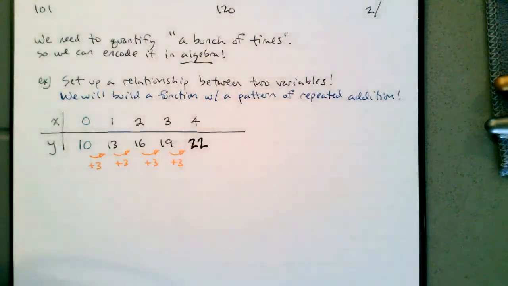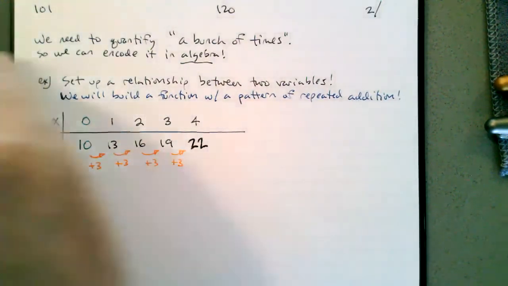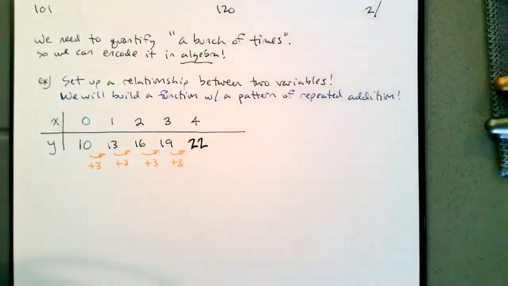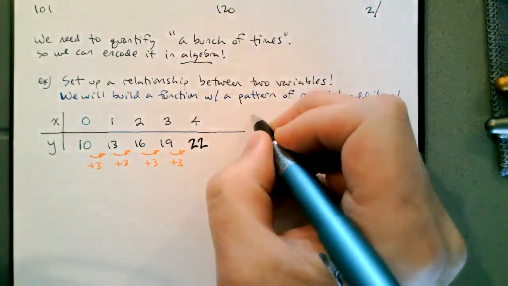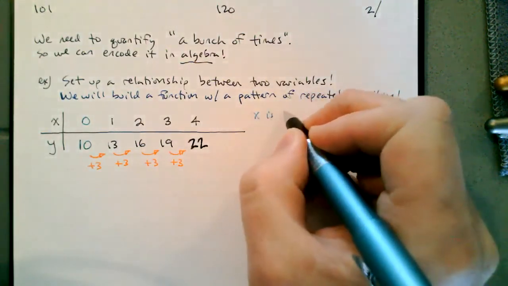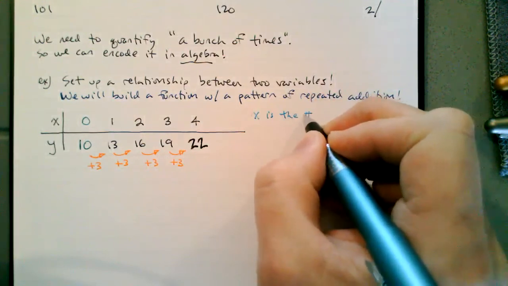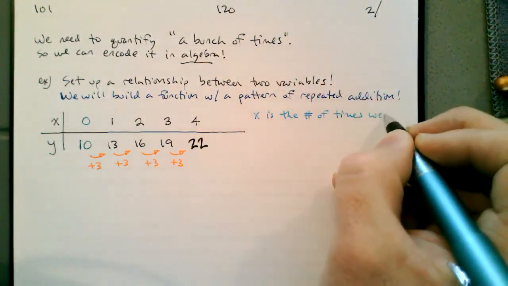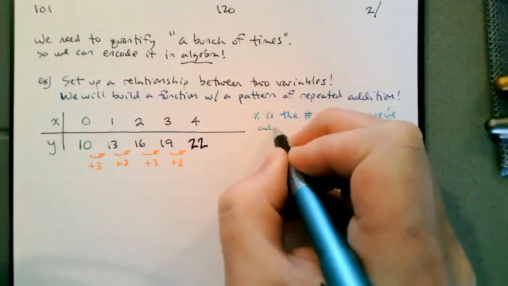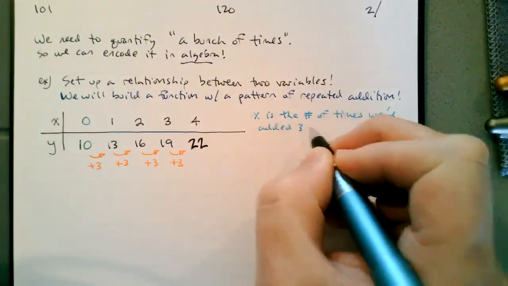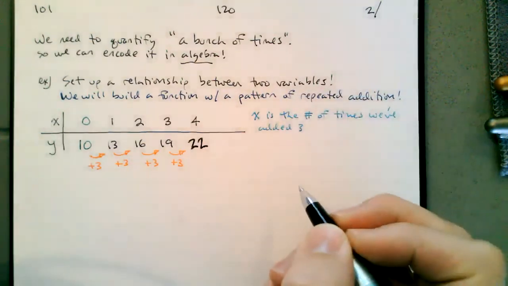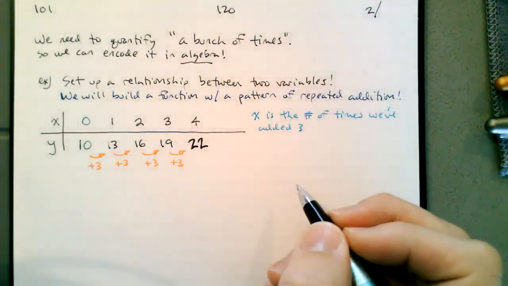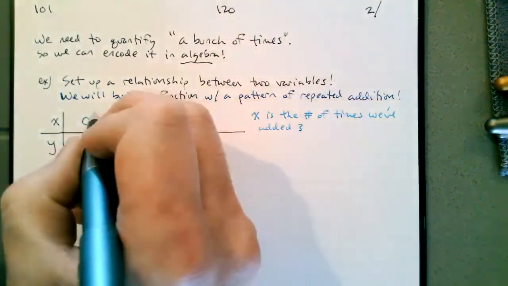So I'm thinking of x as the number of times we've added 3. And so x is just going up by 1 step each time.